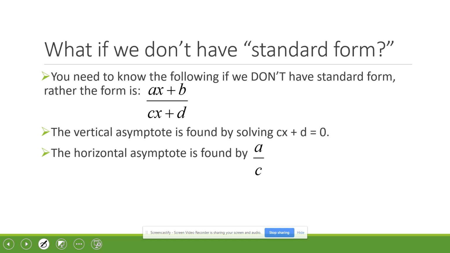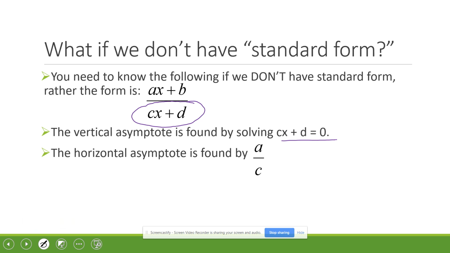Okay, so what if we don't have the previous form, which is standard form? Another form we could have looks like this: (ax + b) over (cx + d). So the vertical asymptote is found again by setting the denominator equal to 0 and solving for x. So it would start with this and then get x alone.